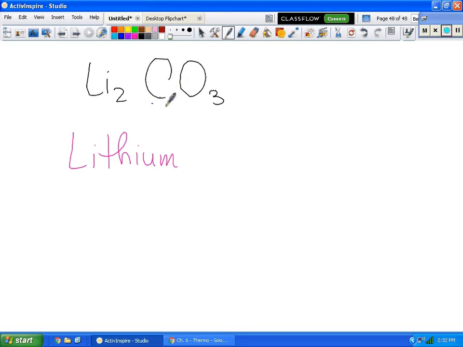Okay, so here's the deal. Then we've got this thing. And this is for everyone. This is a yes or no. Do you recognize that as a polyatomic? Yes. My question is, do you know which one it is? Johnny, which one is it? Ashwini, what is it? CO3. Maya?